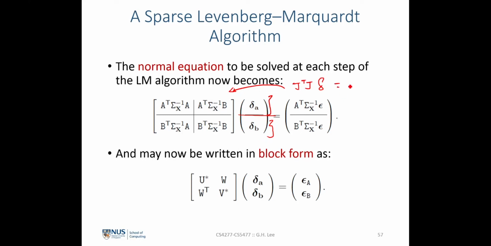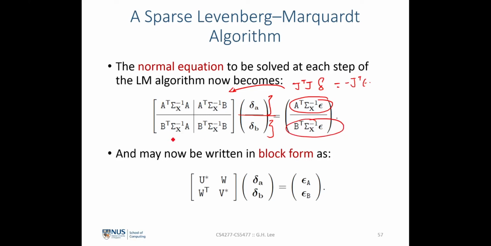And similarly, for the right side of this normal equation, which is given by minus J transpose epsilon, we can see that the structure would also be such that the first part here is only dependent on the parameters of a, and the second part will only be dependent on the parameters of b.